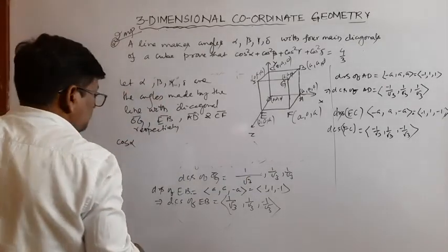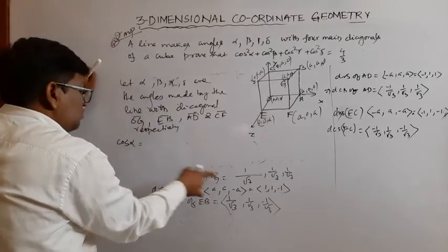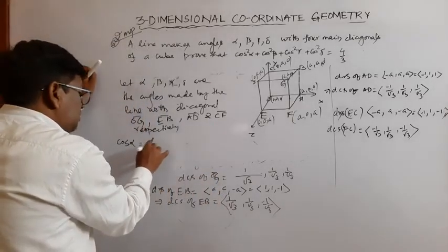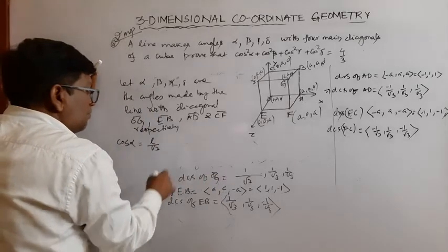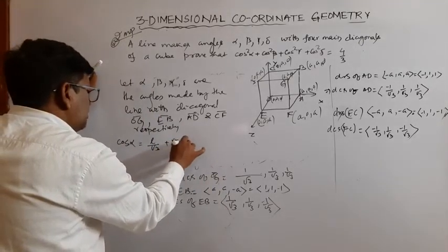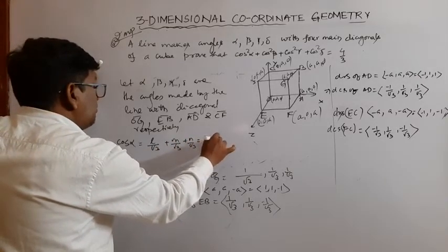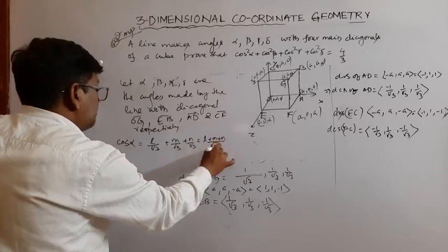Cos alpha is equal to L into 1 by root 3, so L by root 3 plus M by root 3 plus N by root 3, that is L plus M plus N by root 3.